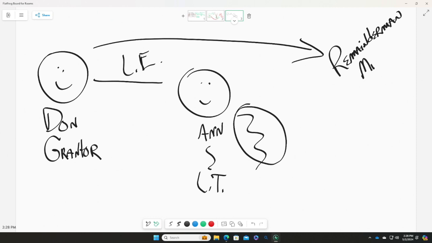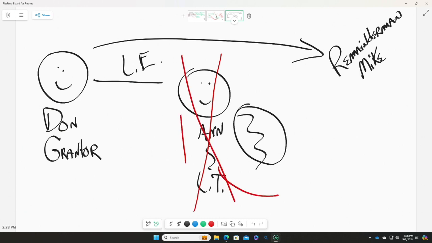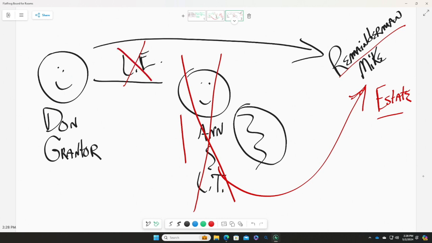Mike, his son. And now when Ann dies, the property goes to Mike, who's the remainderman, and Mike owns the estate free and clear, the life estate is over.